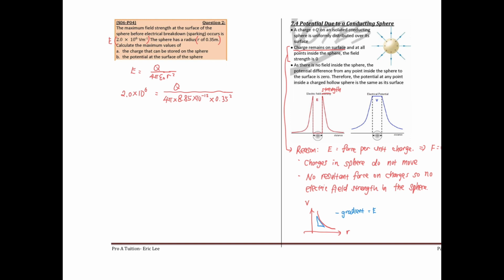Then we get Q equals 2.72 times 10 to the negative 5 coulomb. So this is A.